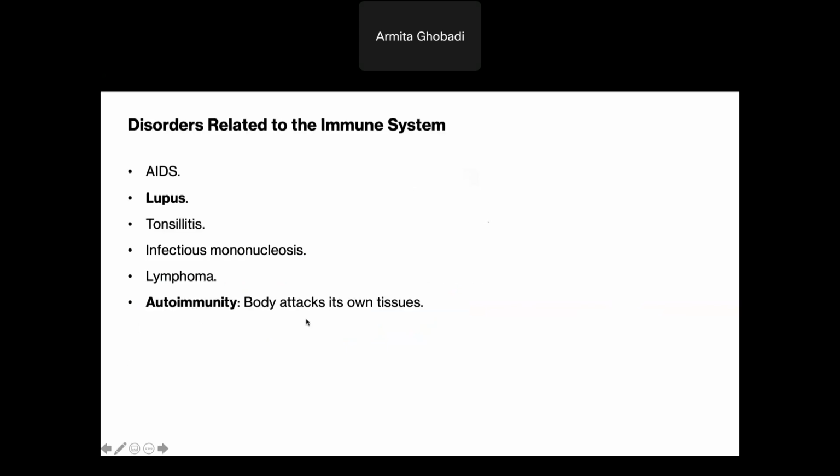So there are again some disorders related to the immune system. First of all is AIDS. AIDS is caused by the HIV virus. I guess you are all very familiar with that. Basically, AIDS weakens your immune system, so you might become very vulnerable to just a small flu or any teeny tiny microbes out there.